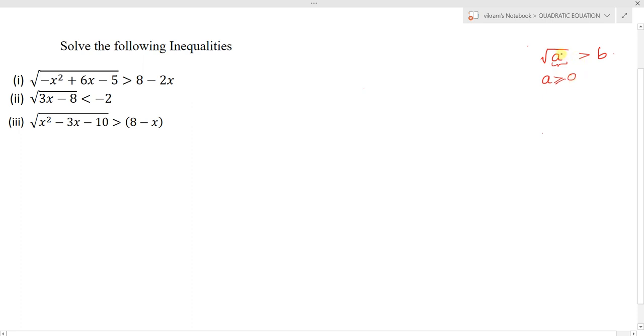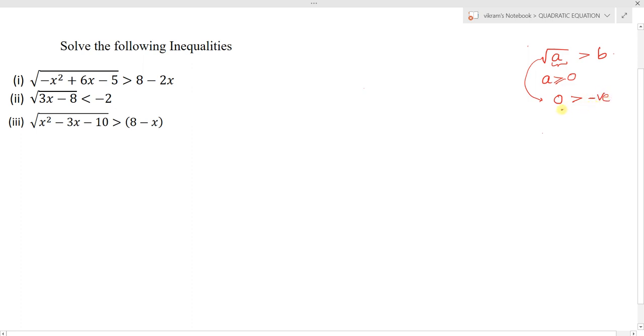If a is equal to 0, then the square root of 0 is 0, and 0 is greater than the right hand side quantity only if that quantity is negative.